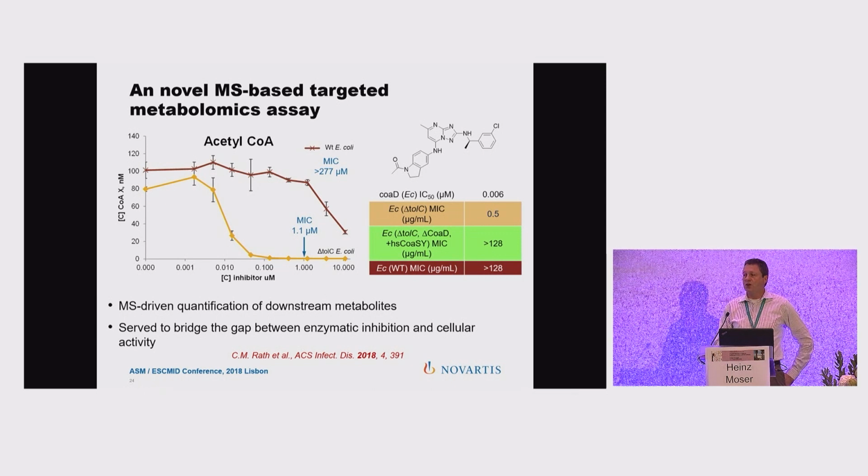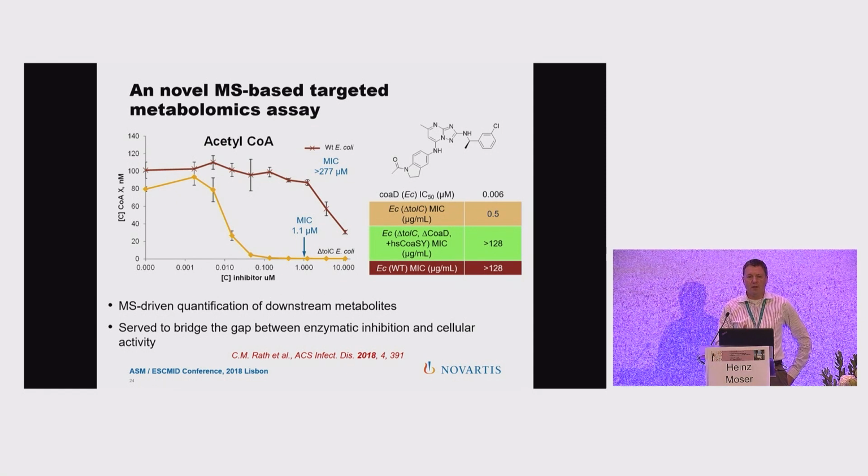So we can quantitate downstream metabolites, which are follow-up products from this particular enzyme. In this case, we went after acetyl-CoA, which is 2 or 3 steps down from CoAD.